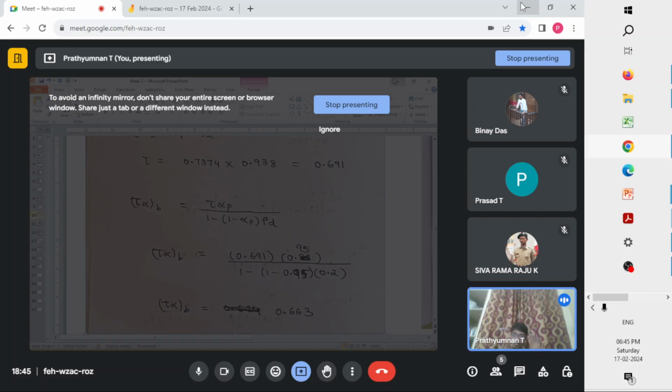But in case of diffusive radiation, that will not be the case. The diffusive radiation will be scattering in all directions, so finding the value of theta I will be difficult. It all depends upon how the scattering happens in the atmosphere.